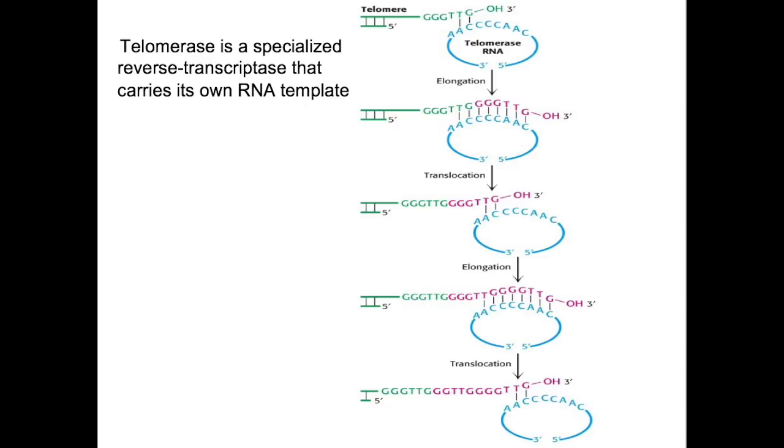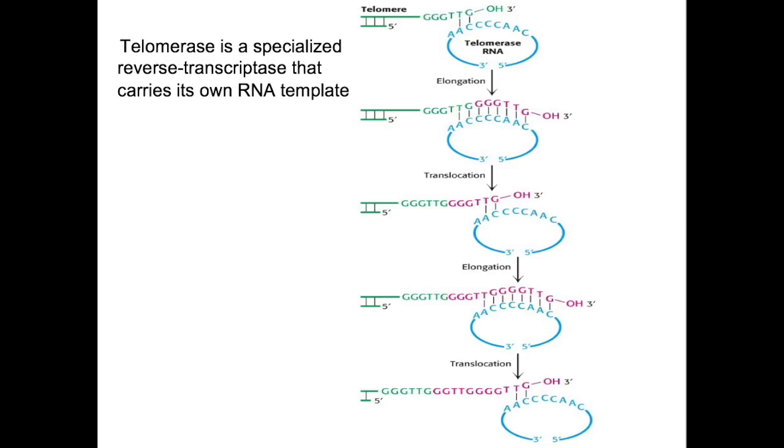Telomerase is a reverse transcriptase that has an RNA that's used as a template for the synthesis of DNA. So telomerase carries along its own template. It binds to a portion of the telomere, and it then synthesizes DNA complementary to the RNA template that the telomerase carries around with it.